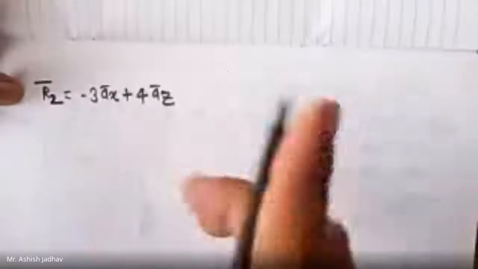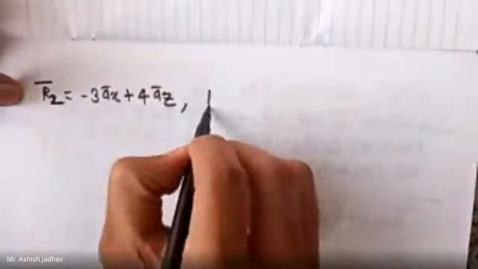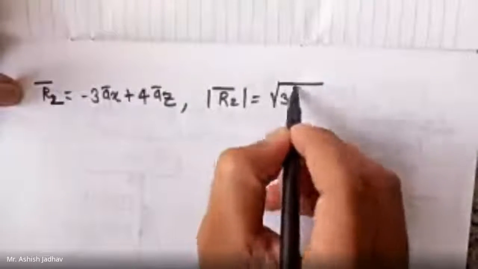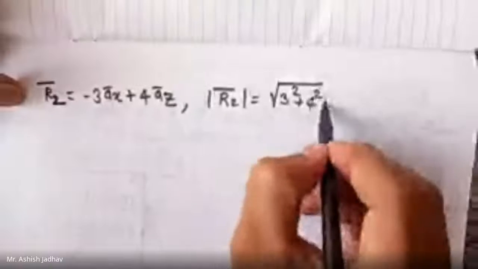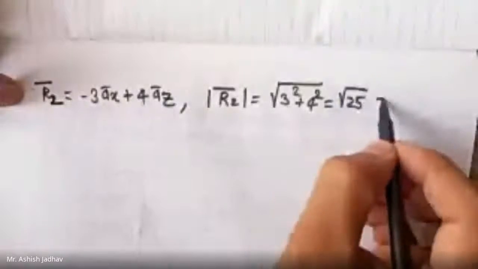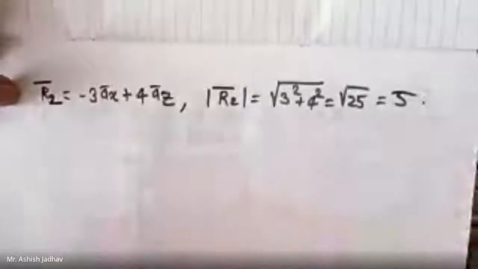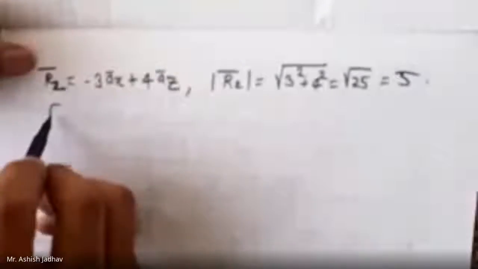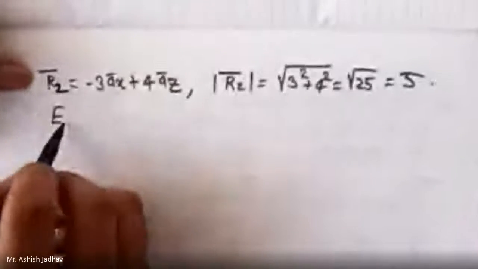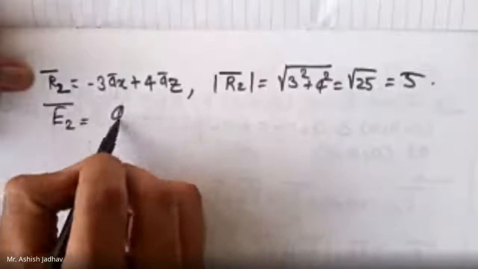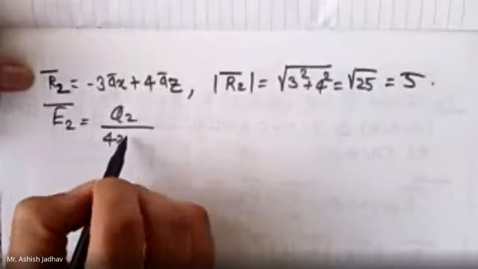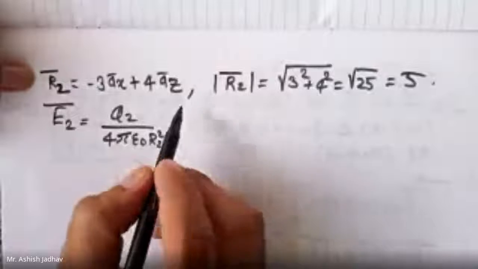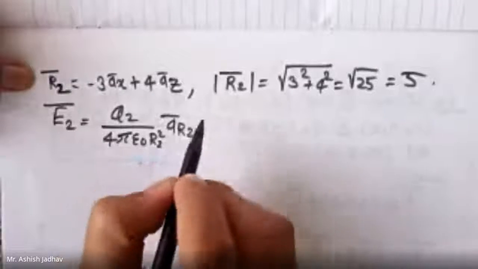So from this R2, how you can calculate the mod of R2? 3 square plus 4 square. So this is equal to under root 25. So this is equal to 5. So this is the magnitude of that vector. Now you can calculate E2. E2 bar is equal to Q2 upon 4 pi epsilon naught R2 square a bar R2, right?